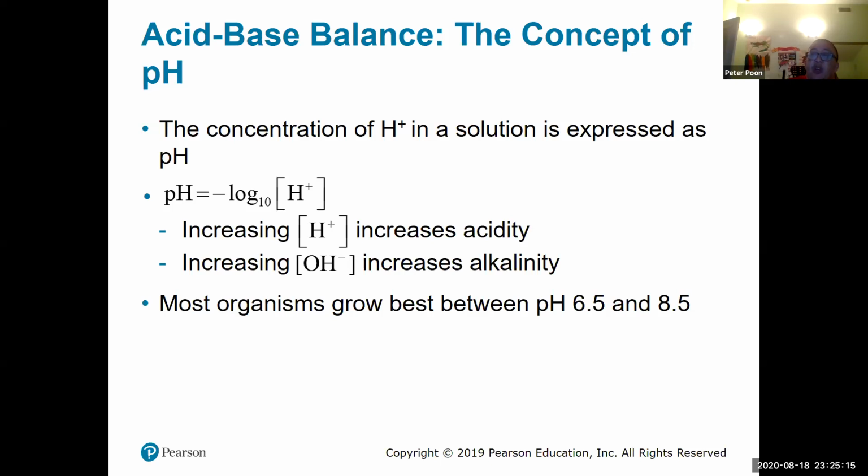I'm sure you've heard of pH before. pH by definition is the negative log of the hydrogen ion concentration.